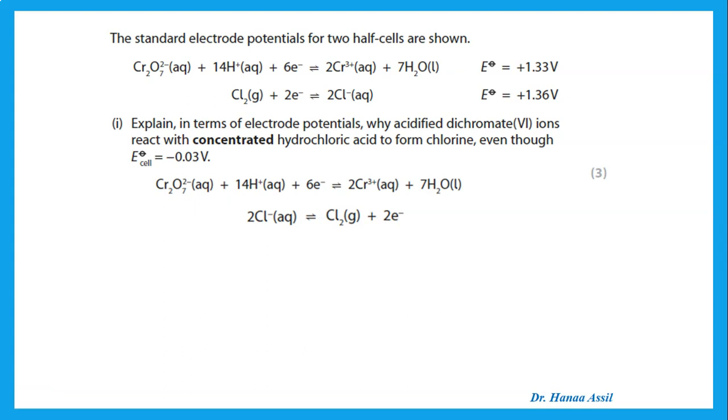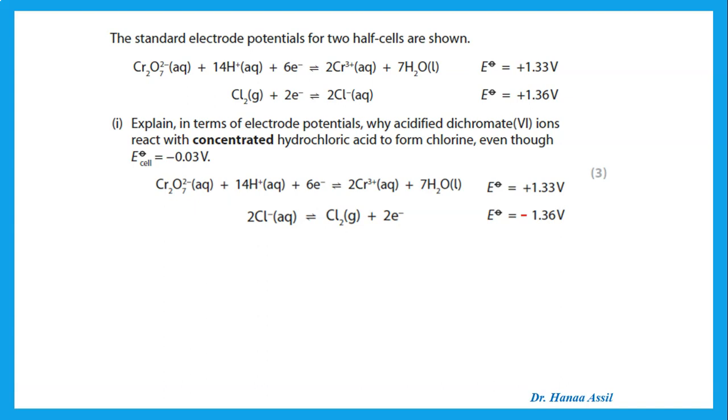Of course, we need the chloride to go to the chlorine, and that means the sign is inverted, so the E of that half cell is -1.36, and overall the E of the cell is a negative value.